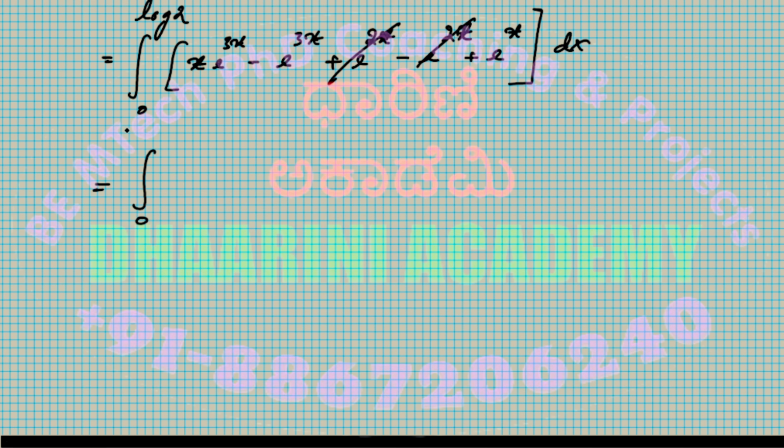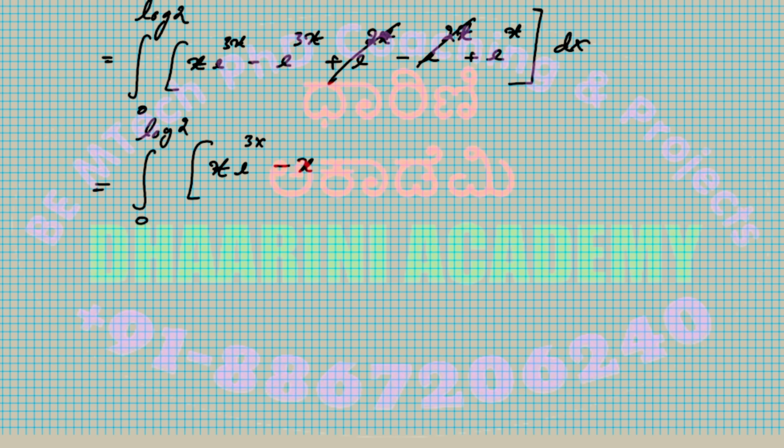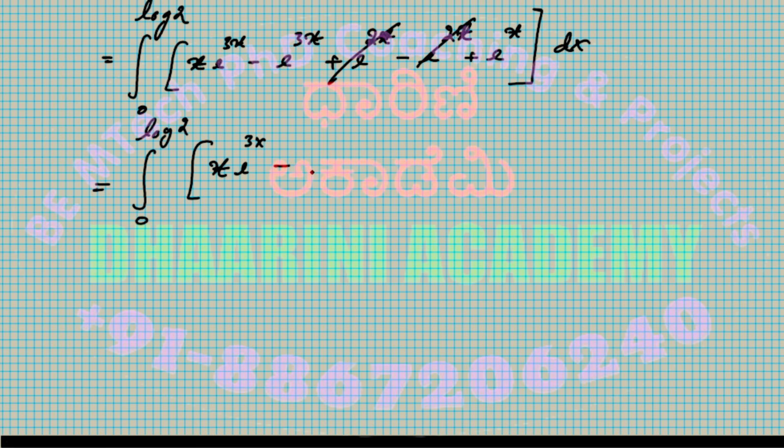Okay, so integrating 0 to log 2 of, I'll write once again, x e to the 3x minus e to the 3x plus e to the x, right? Okay, dx.